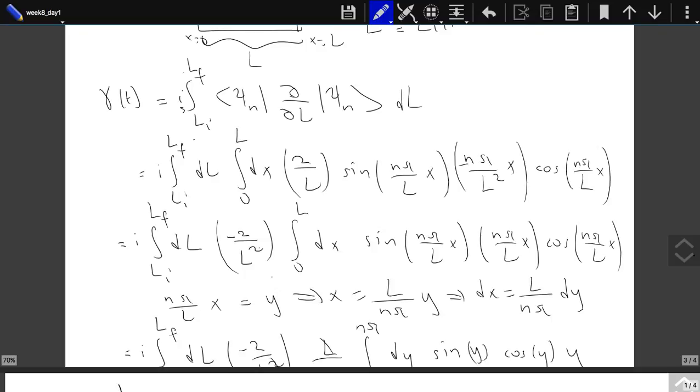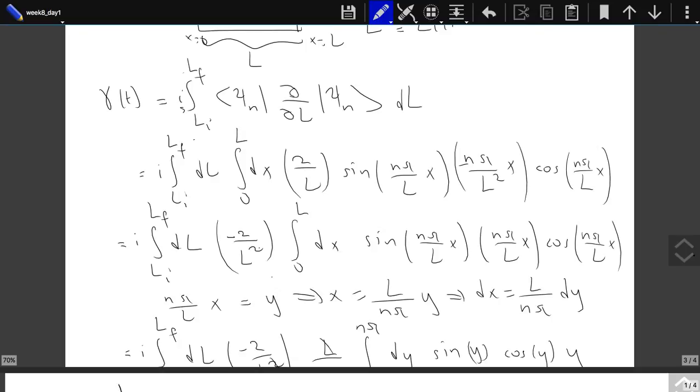Yeah, there is also the derivative of the normalization. Yes, normalization. We did that. No, I only took the derivative of sine. I took it.